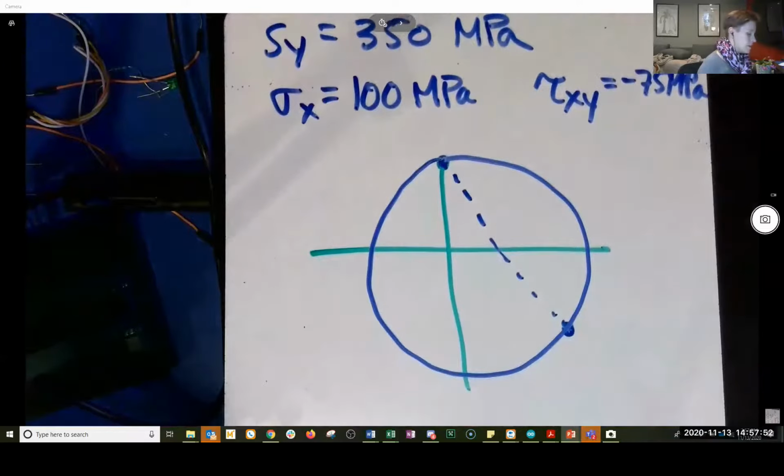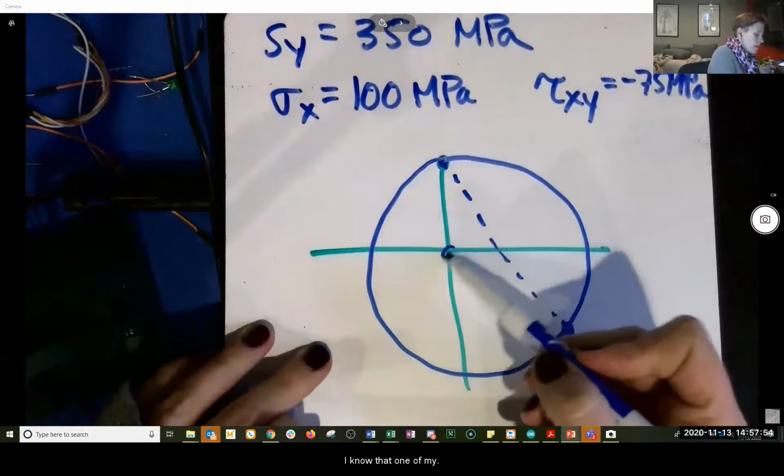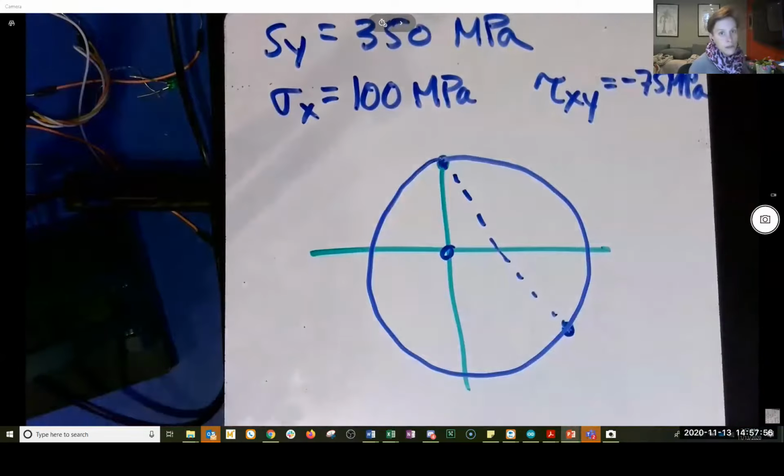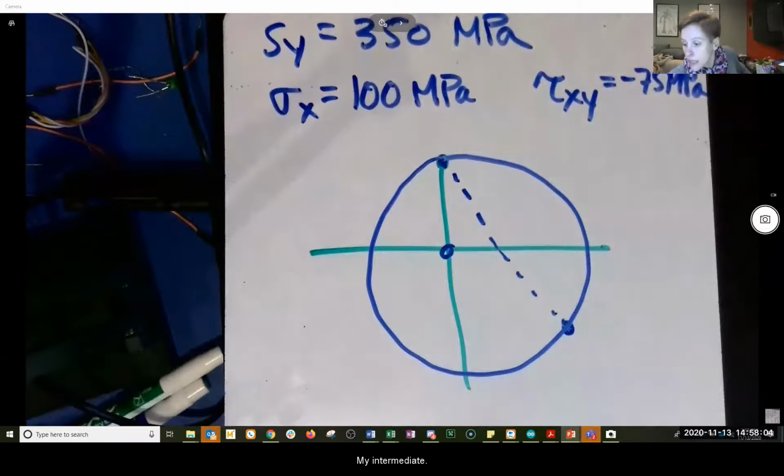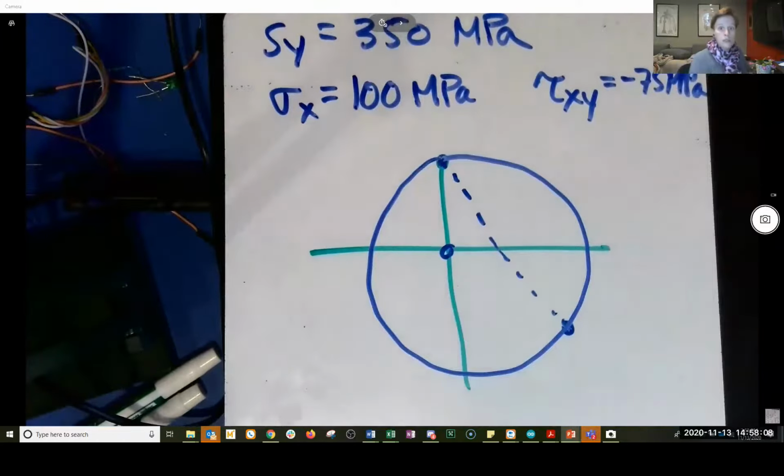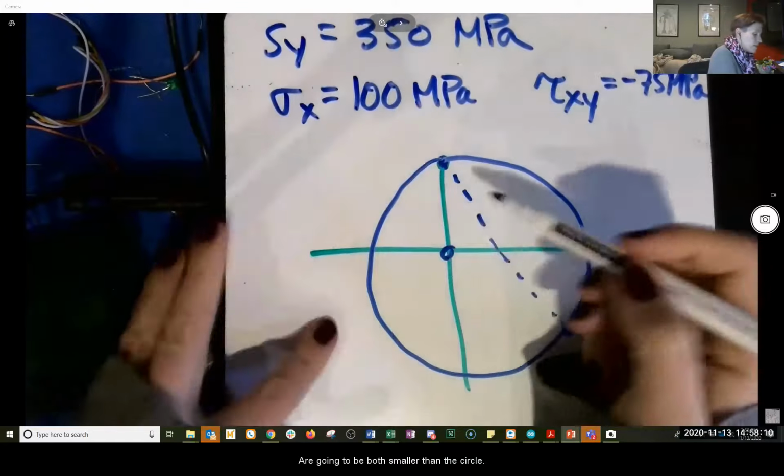And I know that one of my principal stresses is 0. And what this tells me is my intermediate circles are going to be both smaller than the circle I just drew.